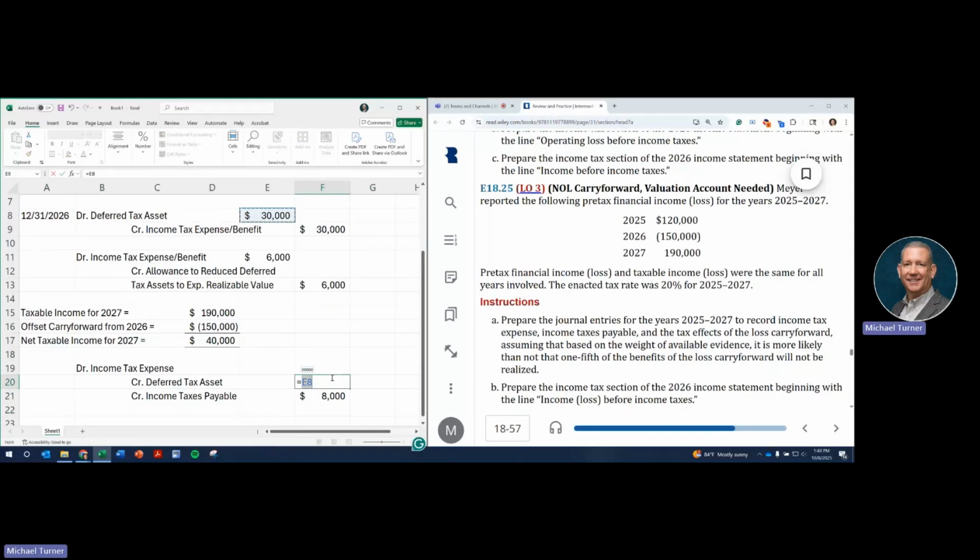So we will offset completely, and that's where we multiply this by 20%, this by 20%, and we can see where these amounts are coming from. And so that does agree with what we had in the previous year for a deferred tax asset. So if we net those together, we get our income tax expense of $38,000.